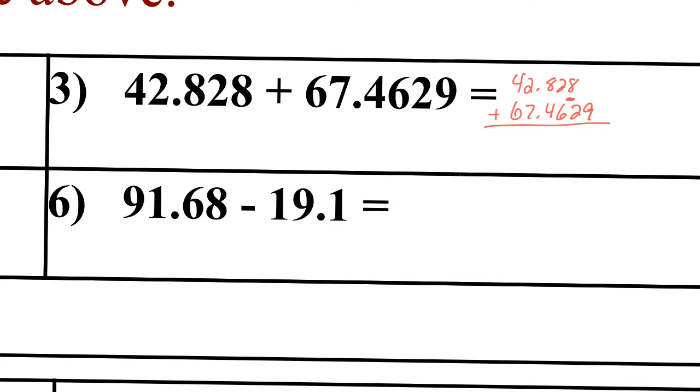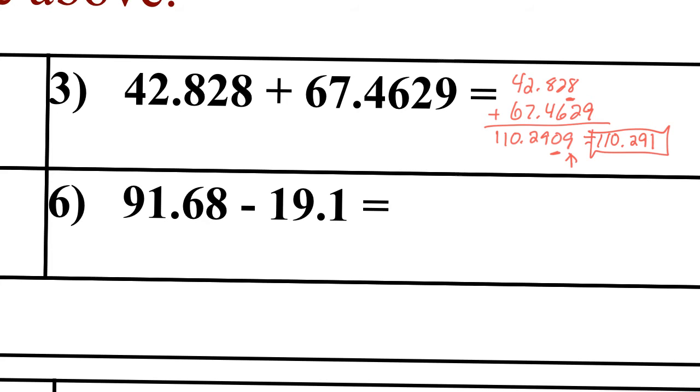We're adding this, so I put it in my calculator, 42.828 plus 67.4629 equals, and the number in my calculator is 110.2909. And again, I need to look at this place right here, because that's the thousandths place. It's followed by a 9, so that's going to round up, which means my answer is going to be 110.291.